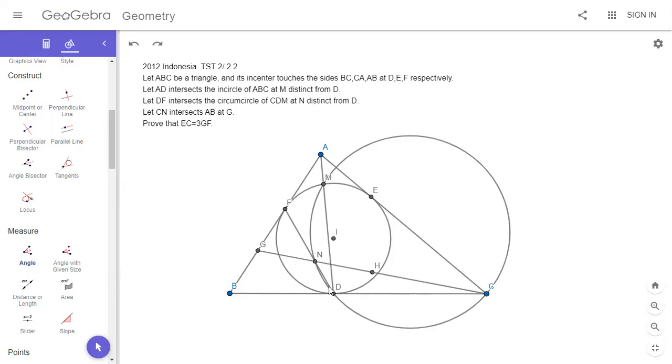So, oh, wait, CG over GM times FN over ND times DB over BC is equal to 1. Ah, you're using Menelaus in a slightly different way than I was thinking.